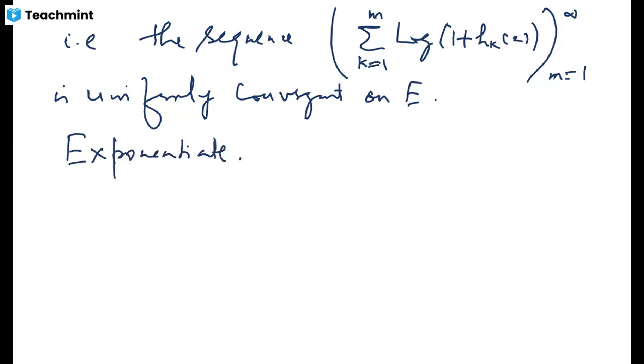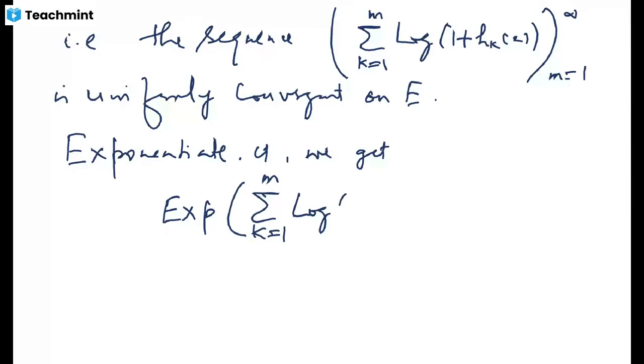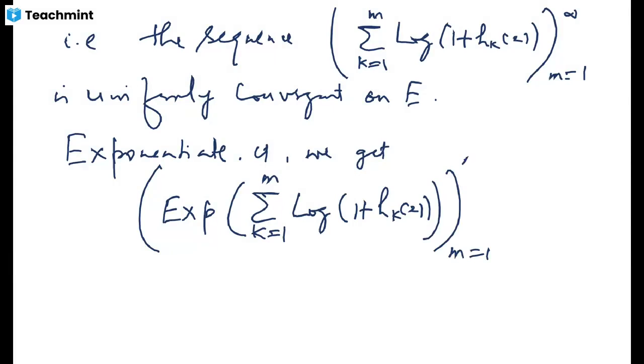We get a new sequence, exponential of summation k equals 1 to m of log of 1 plus h_k(z). When you compose with the exponential, the uniform convergence does not change, be careful, because the exponential is a continuous function, and a much better continuous function. So this is uniformly convergent.